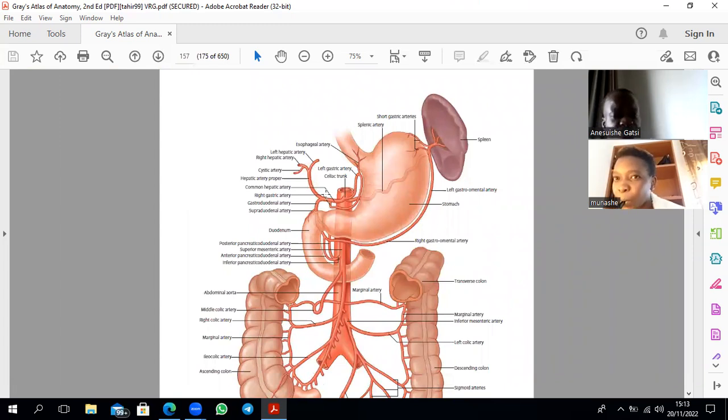Like branches of the celiac trunk. It gives you three. So there's a splenic artery, meaning it's mainly for the spleen, right? That one is the largest. Then there is a left gastric artery. That one is the smallest.